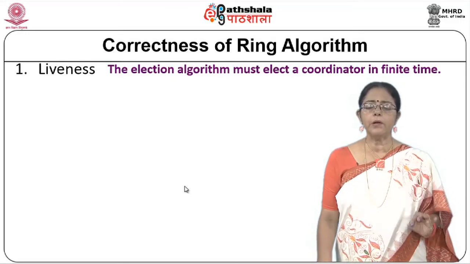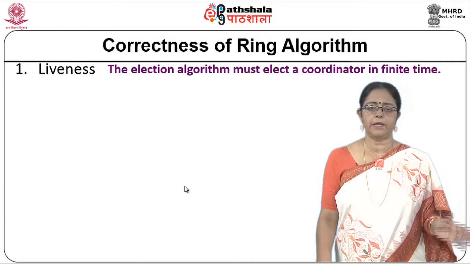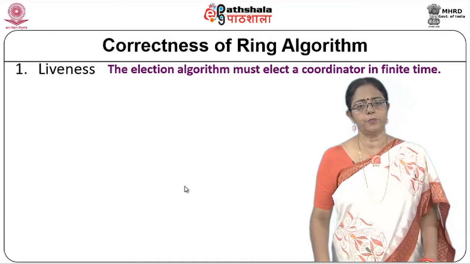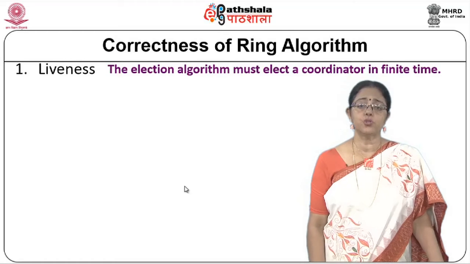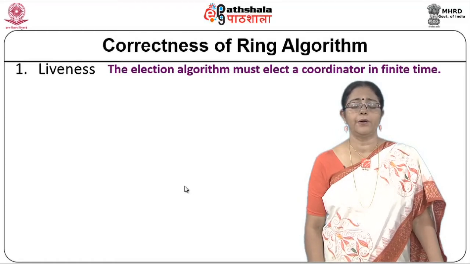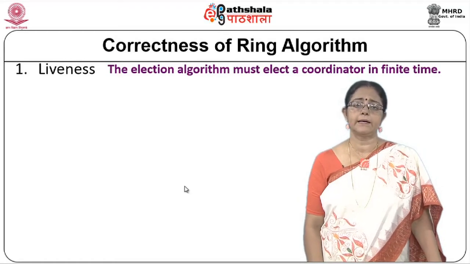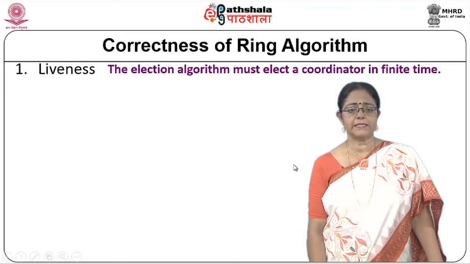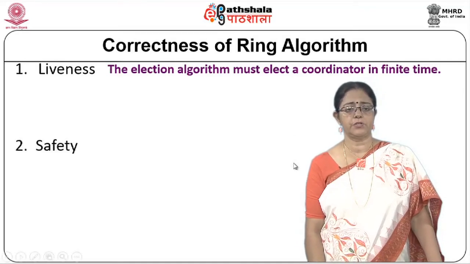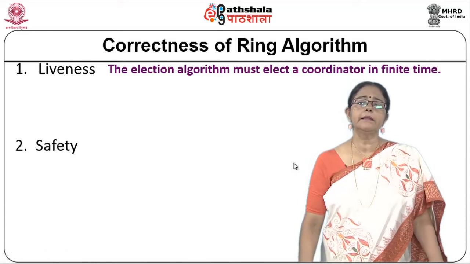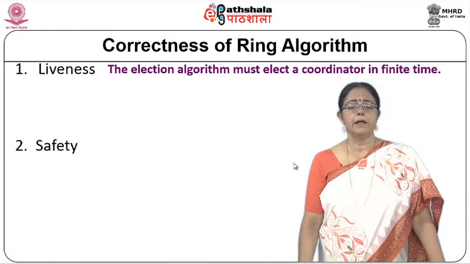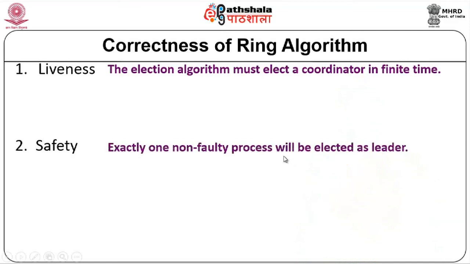An infinite time, on the other hand, will be something that cannot be calculated. So, we have to show that our ring algorithm can elect the leader in finite time. That is our first correctness criterion, the liveness criterion. The second correctness criterion is safety, and in safety we say that exactly one process will be elected as a leader. So, these are the two correctness criteria which we have to verify for our ring algorithm.